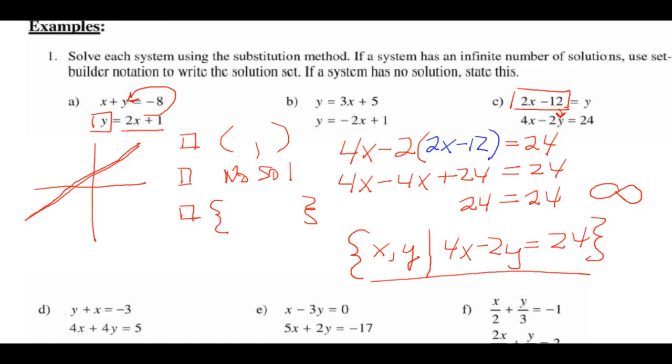And let's just show you the other one here. We'll see it as we go down below. But suppose this ended up as, let's say, 5 equals 24. Is that a true statement? And the answer is no. In that case, the lines would have been parallel, again, when you get not a true statement, and they would be no solution. Okay, we're going to go on to do some more.